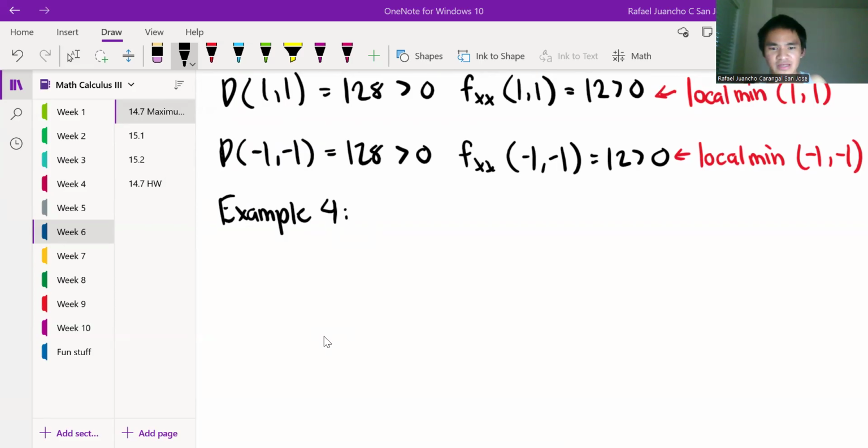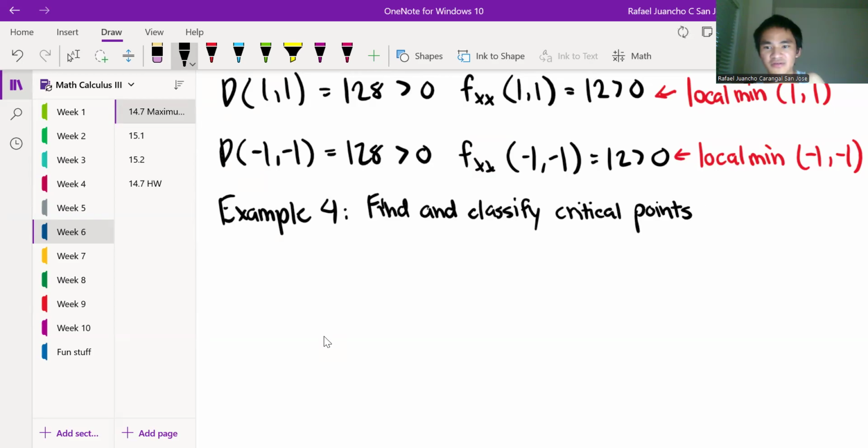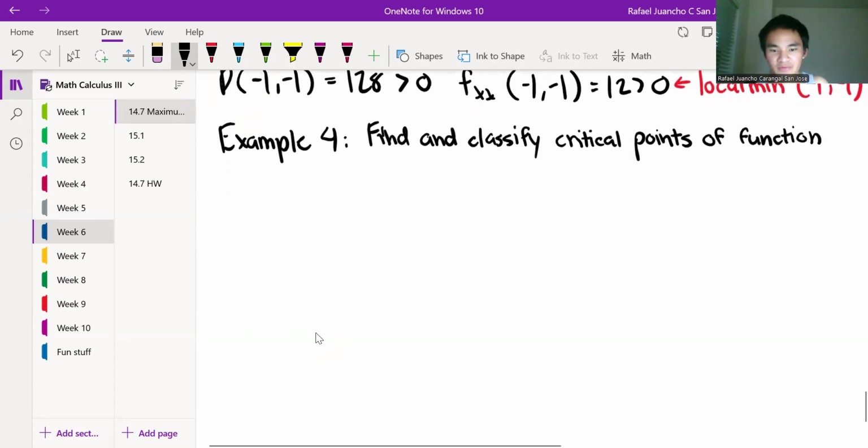Here we're going to find and classify critical points. Classify meaning, is it a local minimum, a local maximum, or a saddle point? So here we want to find and classify the critical points of a certain function. We're going to copy and paste this graph here.